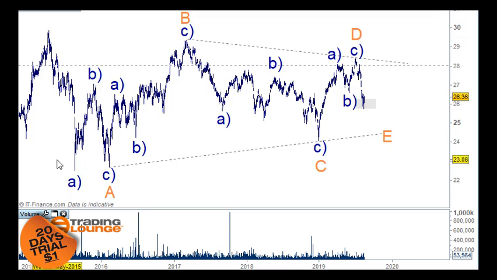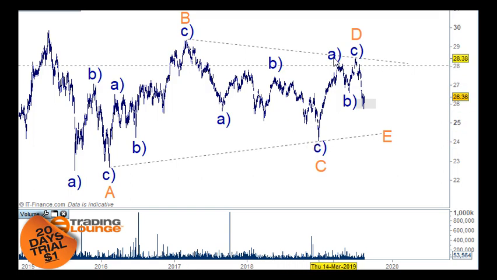In this case here, we have got a triangle moving across here, because we can count this down as an A wave, a B wave, and a C wave for wave A. We can look at this as an A and a B, and then 1, 2, 3, 4, 5 for the C of B, and then an A and a B and a C here. That might be able to be counted a bit differently with the A wave over here as well, but still it leaves us with 3 waves here.